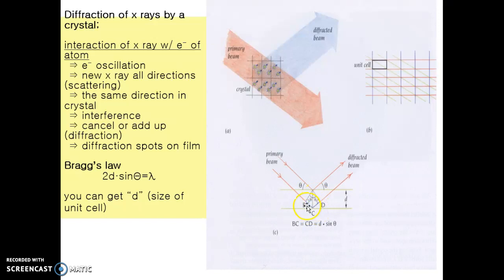So actually, the difference in path distance between two lines, B, C, D, will be 2 times d sine theta. That must exactly match the wavelength of the X-rays used in this experiment. In that case, two beams could add up with each other to be strong. Okay?